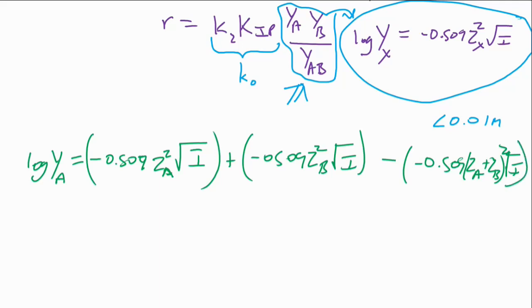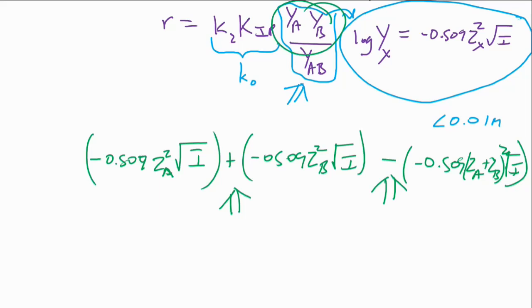Okay? Now, let me remove this part from here such that you don't get confused. And let's just explain. Why is it that I have a plus sign here? Why is it that I have a minus sign here? Well, I have a plus sign over here because the activity coefficients of A and B are being multiplied at the top.